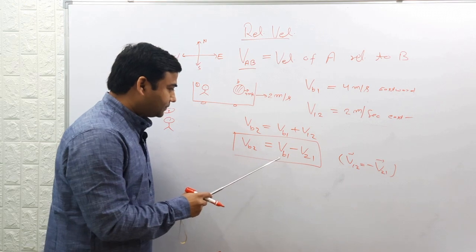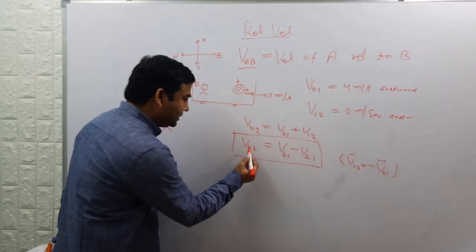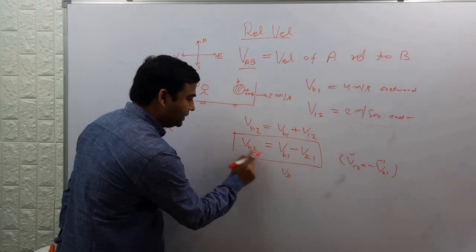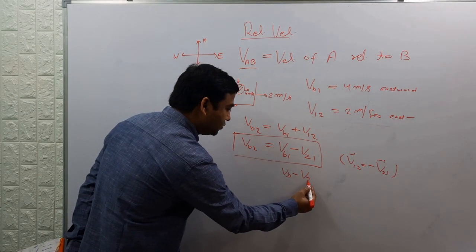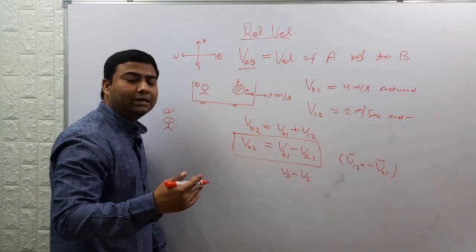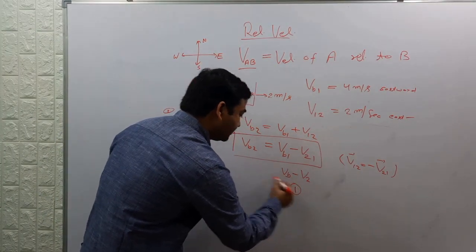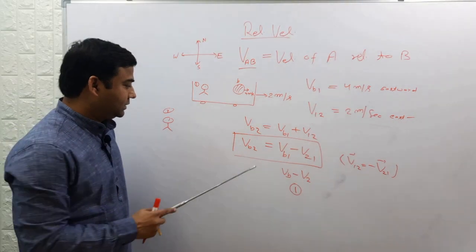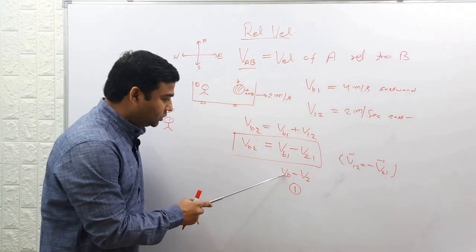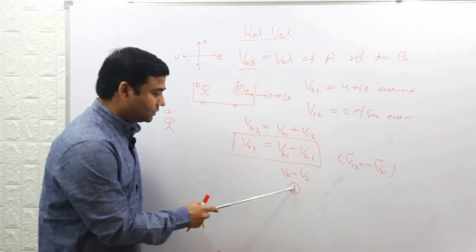So here this middle term doesn't merge. Here you can simply write VB, velocity of B minus velocity of 2, where VB and V2 are both relative to a common reference frame, that is 1. Again I will repeat, VB2 can directly be written as VB minus V2: velocity of B minus velocity of 2 with respect to a common frame.